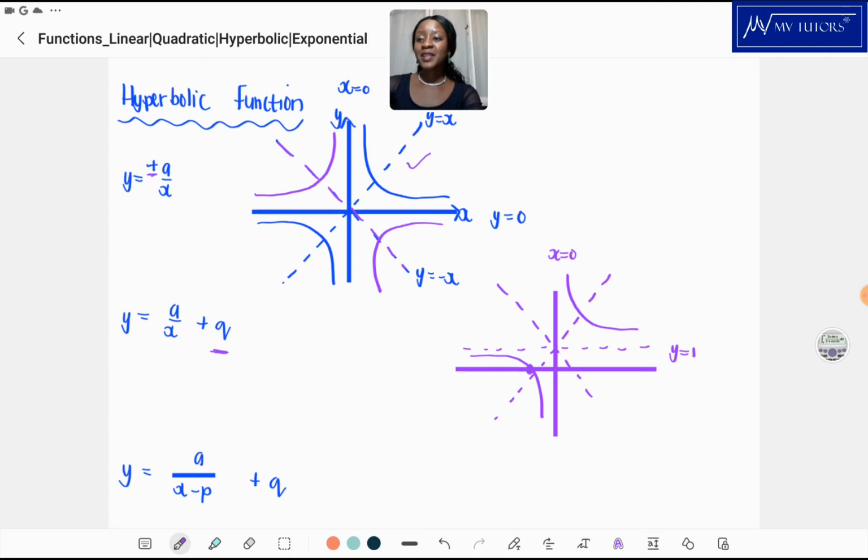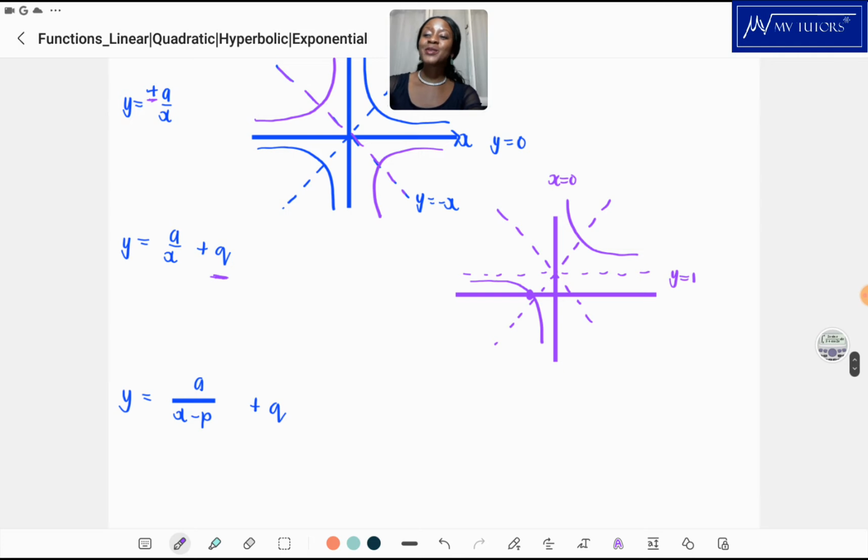But in grade 11, they introduced a vertical shift as well as a horizontal shift. So it's no longer just your basic graph. It can now shift either left or right. Remember what I said, if it's a negative here, it's shifted to the right, but if it is a positive, it has shifted to the left.